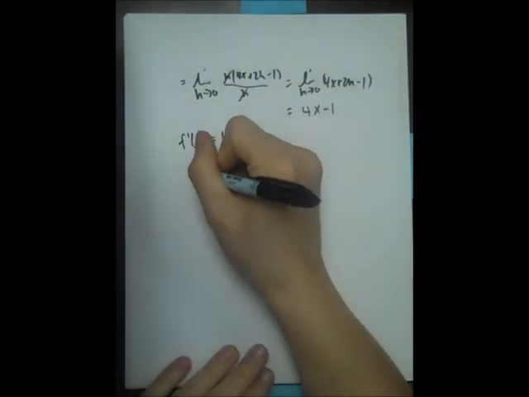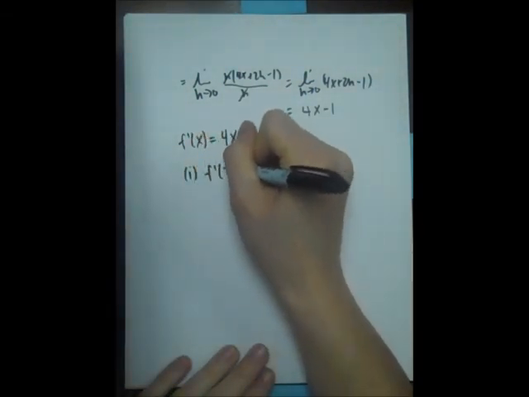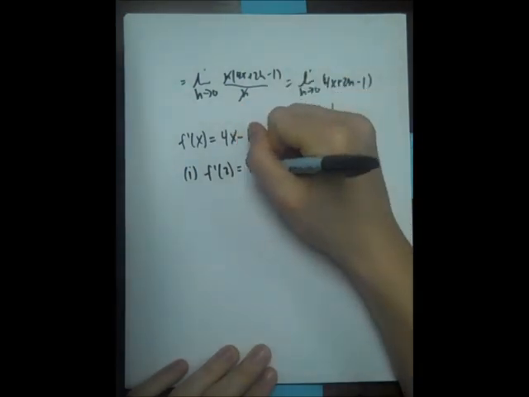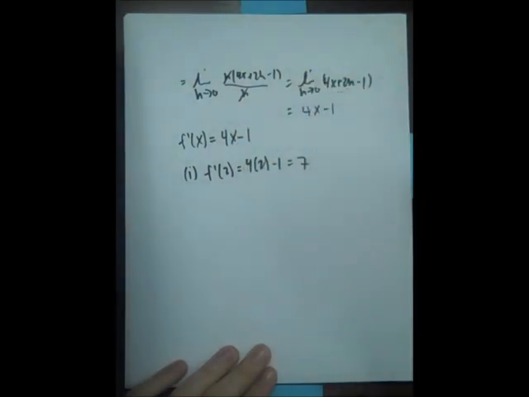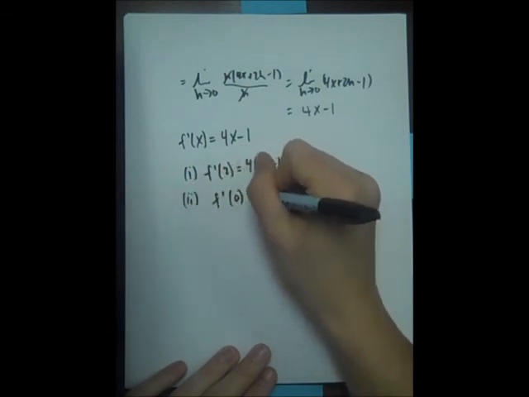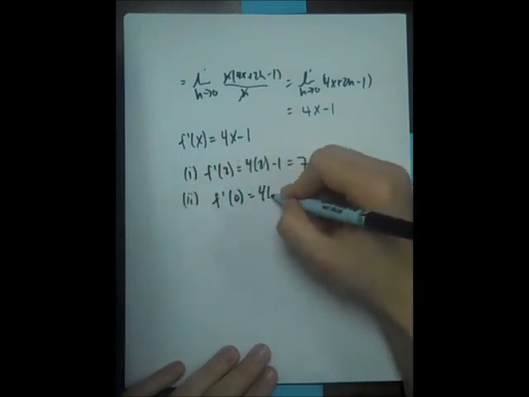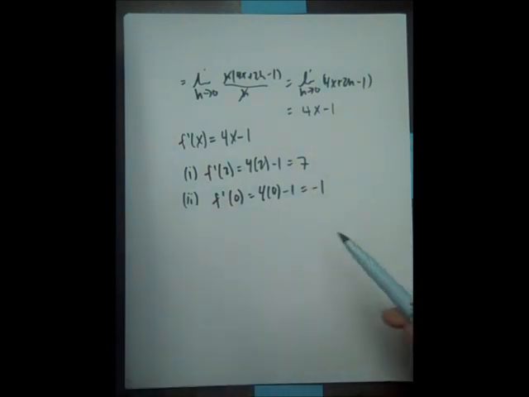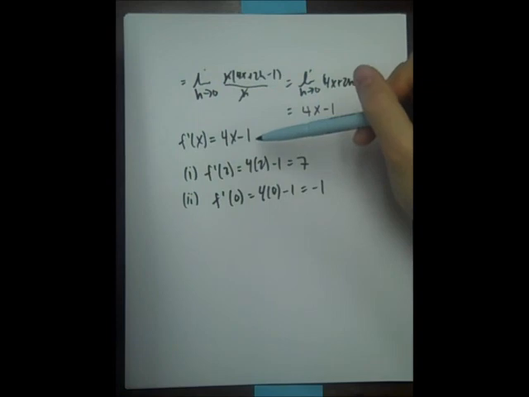Using this, so these are kind of some examples to do, what is f prime of 2? F prime of 2 would be 4 times 2 minus 1, so 7. What is f prime of 0? That would be 4 times 0 minus 1, so negative 1. So by finding the derivative, you only had to do one limit instead of having to do multiple limits for each one of these.